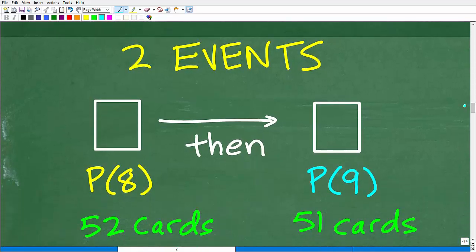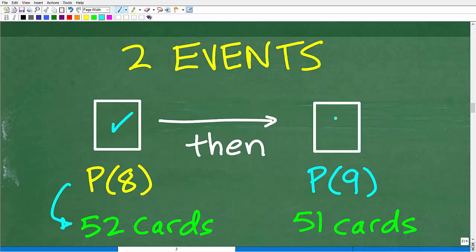This is the way you solve probability problems. You really have to think about the more interesting probability problems other than simple probability, because obviously we have 2 events going on here. So we have to think of it this way. What's the probability of getting an 8? When we consider this problem, we have 52 cards.